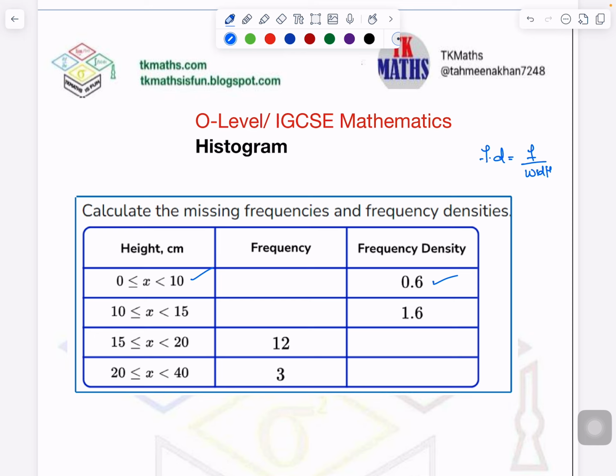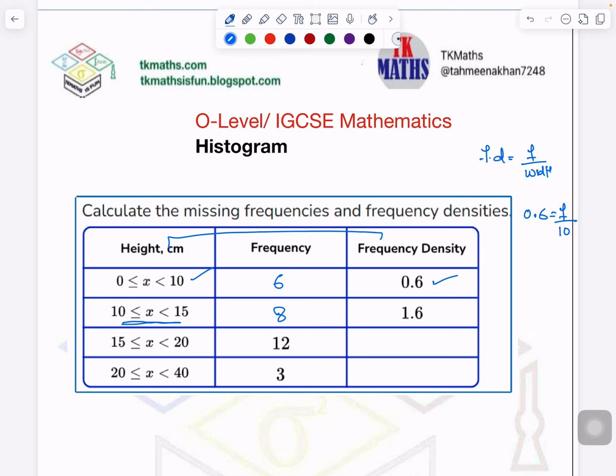So frequency density is given to you, 0.6. Frequency you don't know, and class width is 10. So straight away you just multiply this by this, you will get frequency 6. Similarly here, 1.6 multiplied by, what is the interval? 5 units, right?